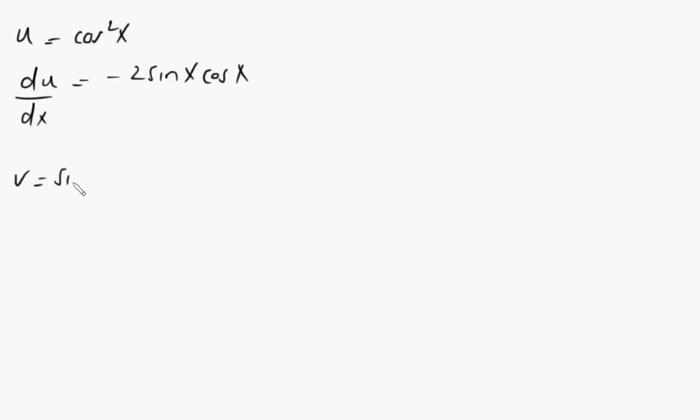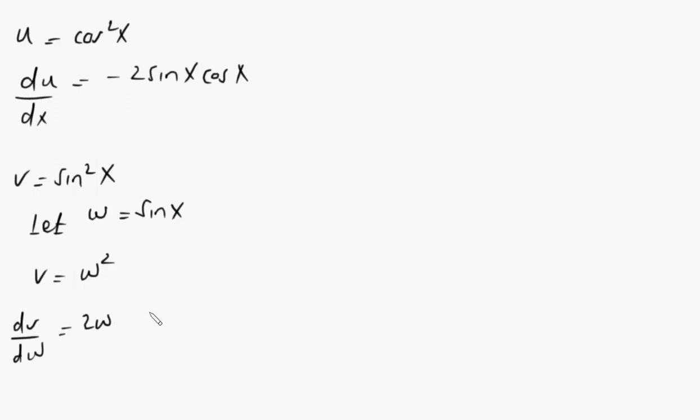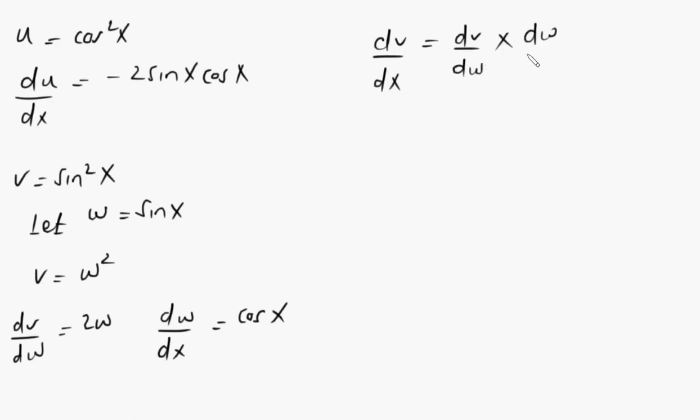Sasa v ni sasa na sin squared x. Again, tunatumia ile chain rule. Let w ni sasa na sin of x. Kwa hiyo v ni sasa na w squared. Kwa hiyo dv dw ni sasa na 2w, wakati dw dx ni sasa na nini? Nikidifferentiate sin x napata cos x. So chain rule inaniambia kwamba dv dx itakuwa dv dw azidishe na dw dx.